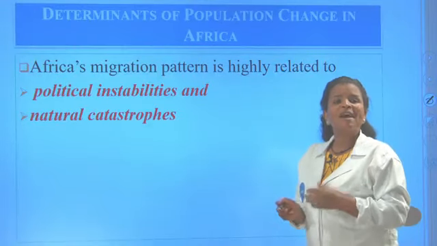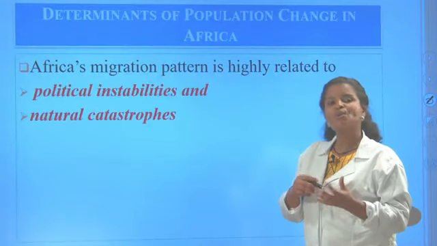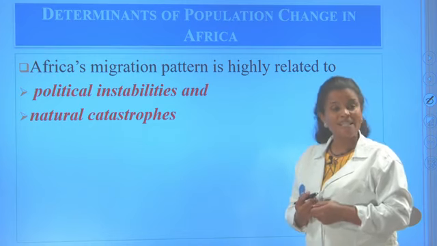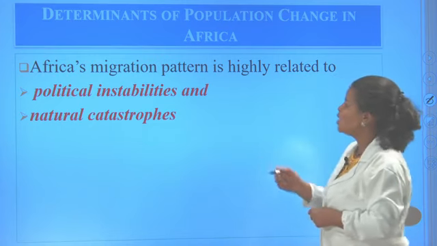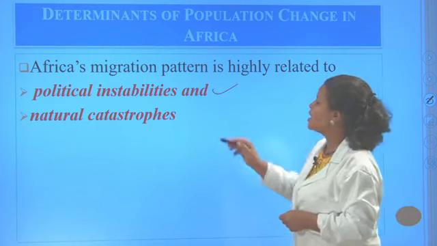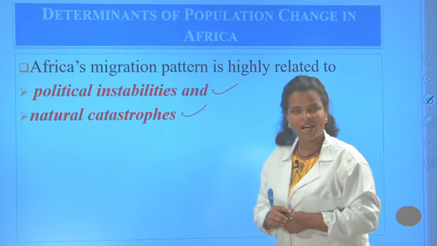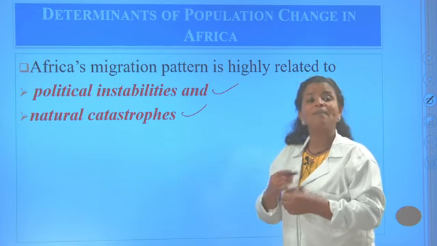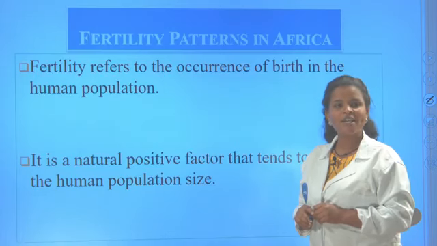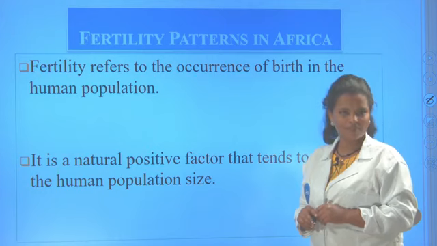Africa's people migrate for different reasons, but the main reason is political instability, and the second is natural catastrophes. So, fertility refers to the occurrence of birth in the human population.